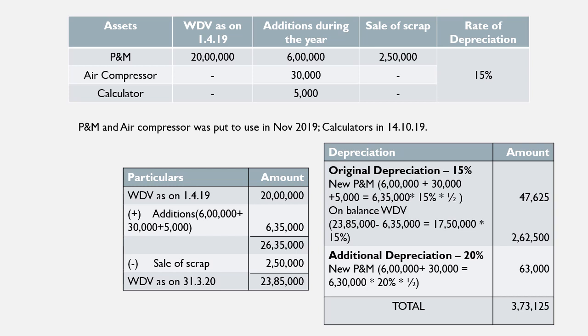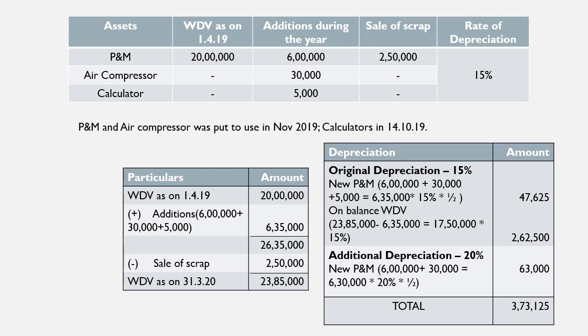One is the original depreciation which carries 15% and the next one is additional depreciation which is 20%. This provision is available only for plant and machinery and not for any other asset. So first let us calculate the original depreciation for this block of assets.